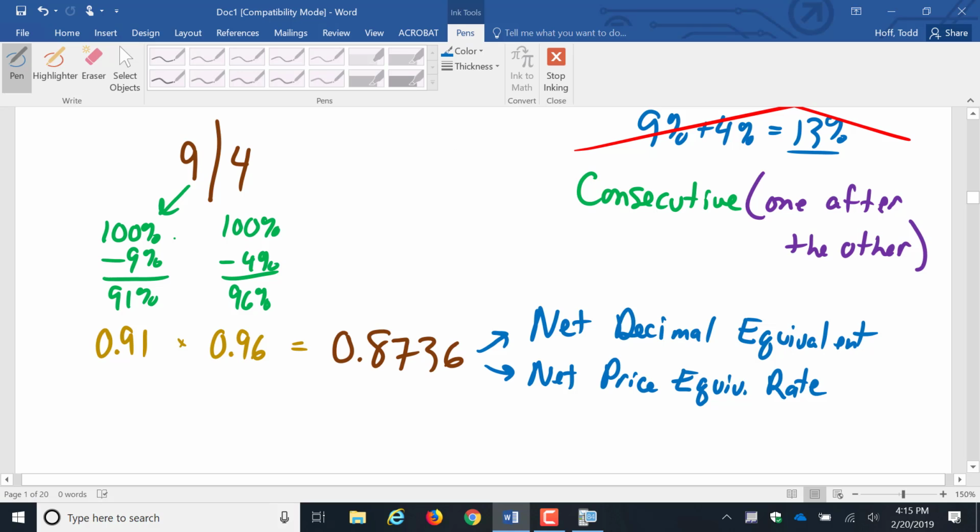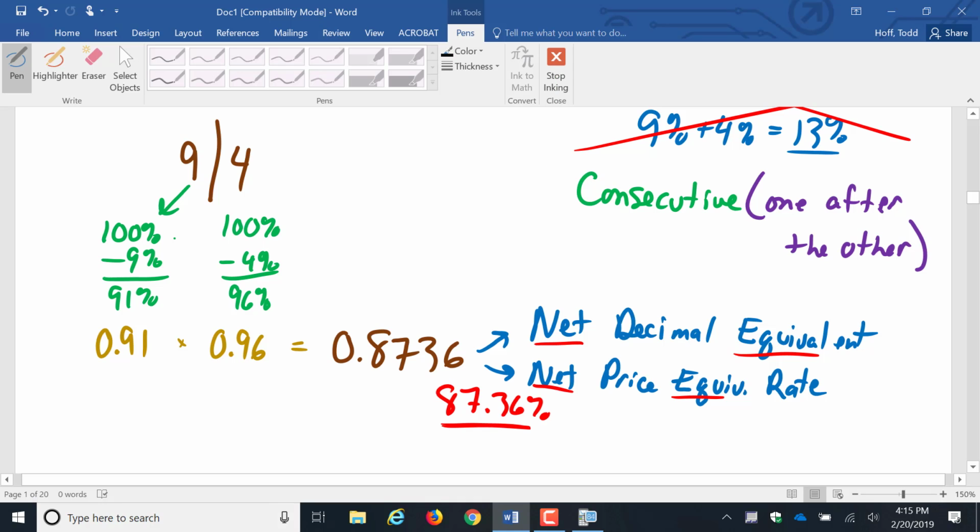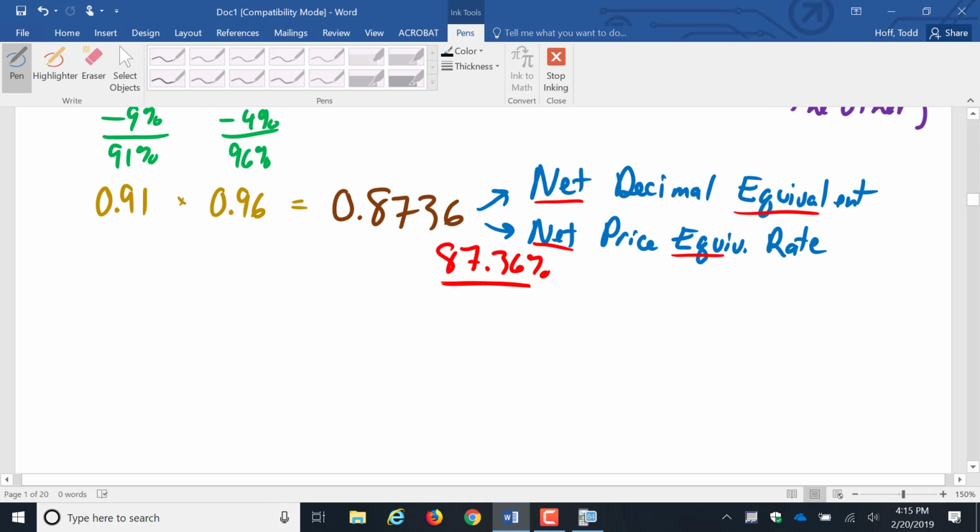Notice both of them include net, standing for net price, and equivalent, meaning the equivalent rate, they're the equivalent percent for the net price. What it's really saying is the net price is 87.36%, turning that decimal back into a percent. It's 87.36% of the original list price.